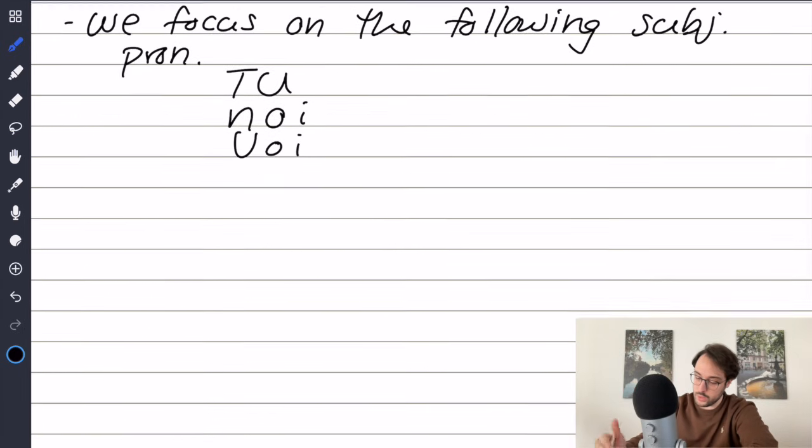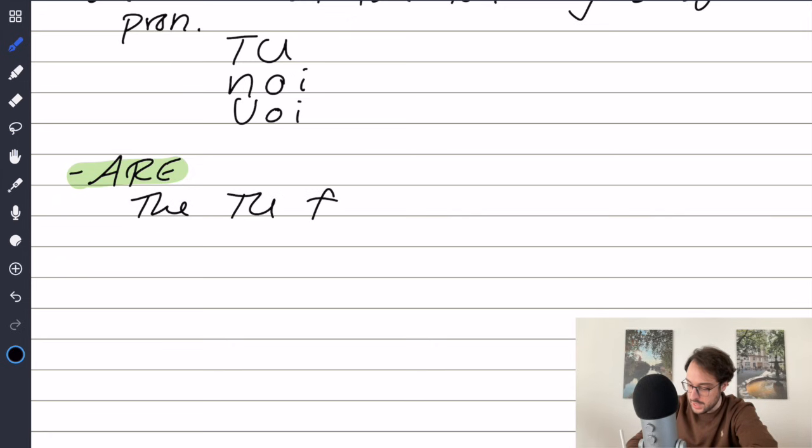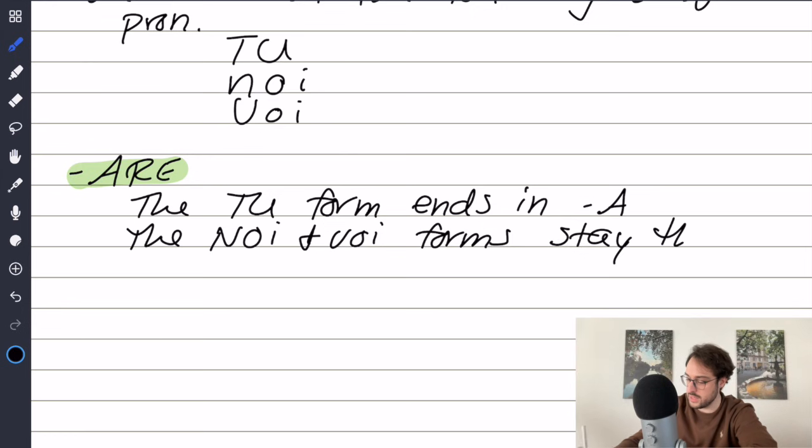Now, when we're doing are verbs, just as we saw with parlare and also mangiare, the tu form ends in a. That's it. Ends in a. The noi and voi forms stay the same, as in stay the same.